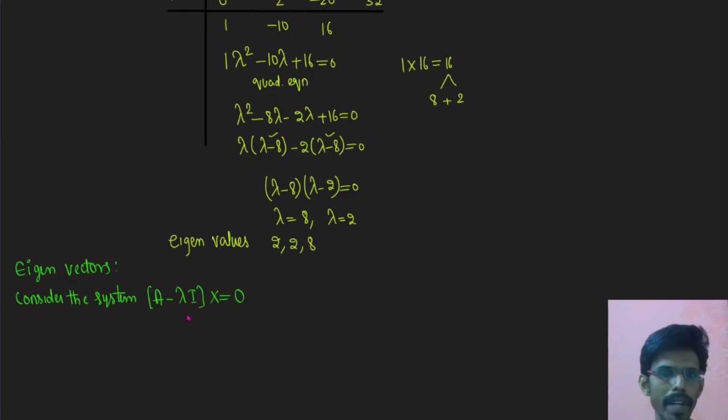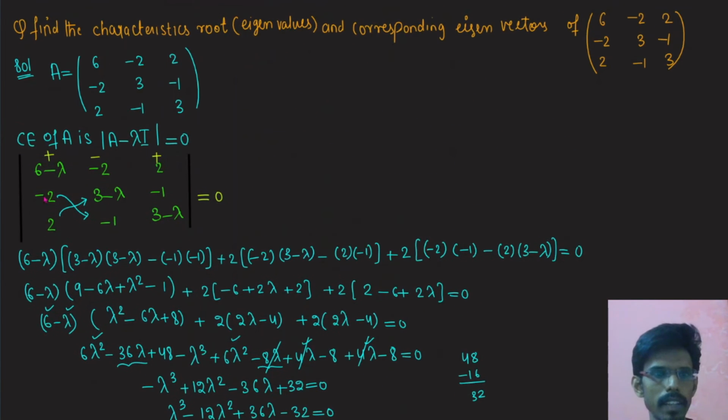So I want A minus lambda I here. That can be obtained from this. See here, we have this A minus lambda I inside this mod. Then I'll copy this here.